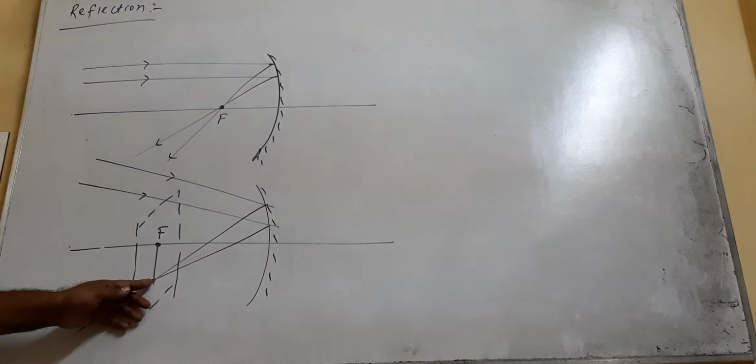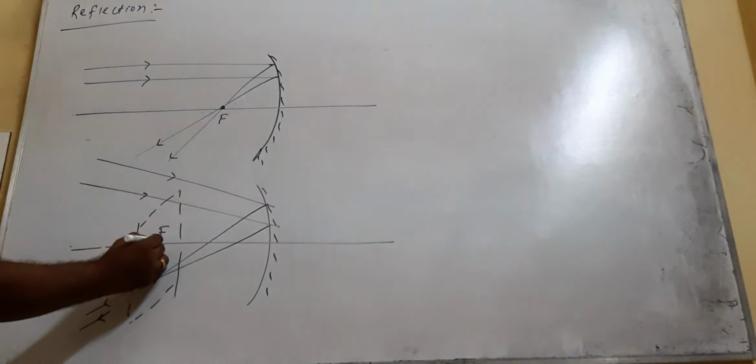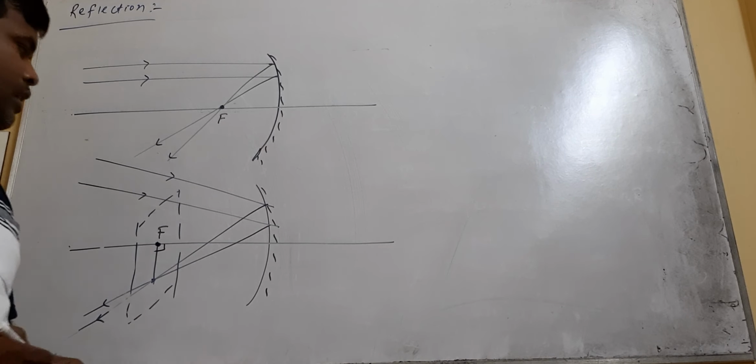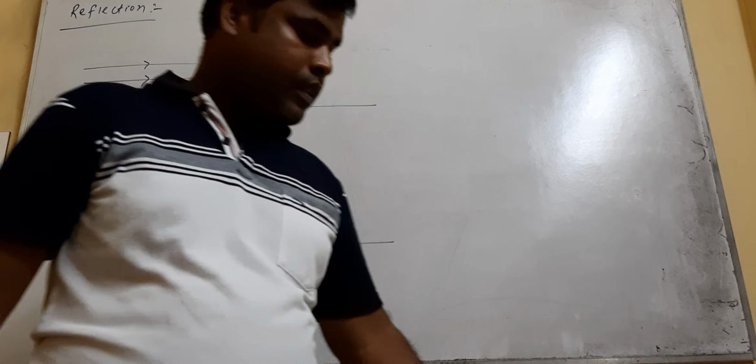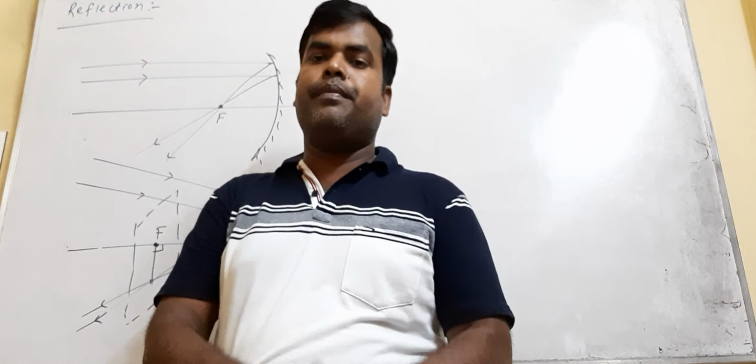If you draw a perpendicular to the principal axis, you will find that the foot of the perpendicular is the principal focus. So in the next class we will derive the mirror formula.